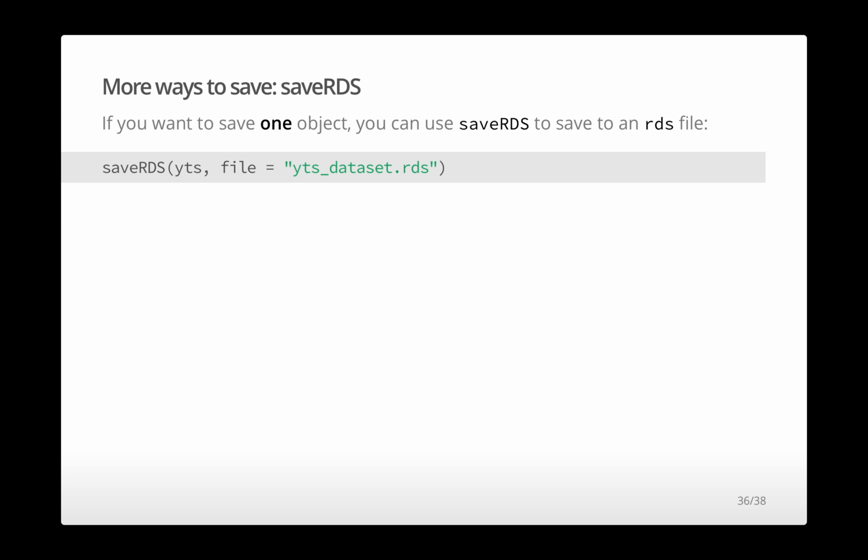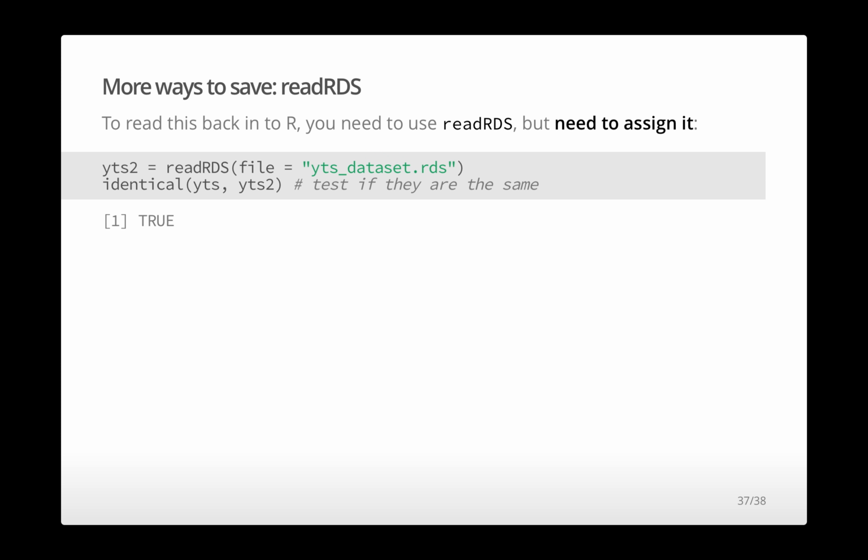And the next slide will tell you why I don't like this naming convention, because I believe this function should be called writeRDS, because that's what it does. It technically saves it out, but it writes it out to disk. And the reason is because the function to read in an RDS is readRDS, not loadRDS.